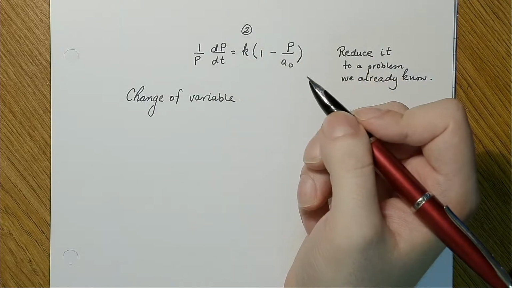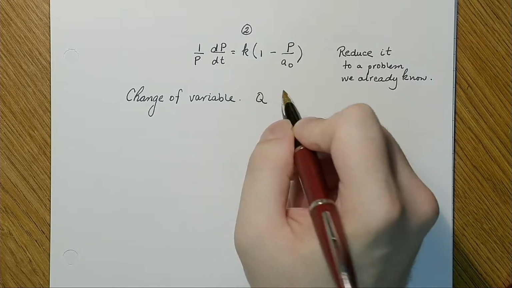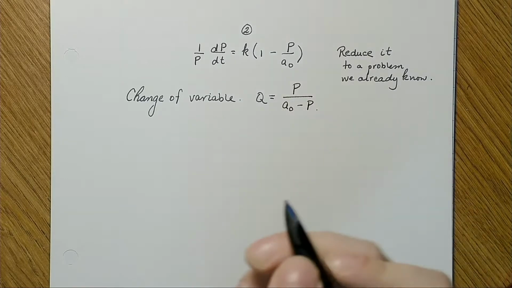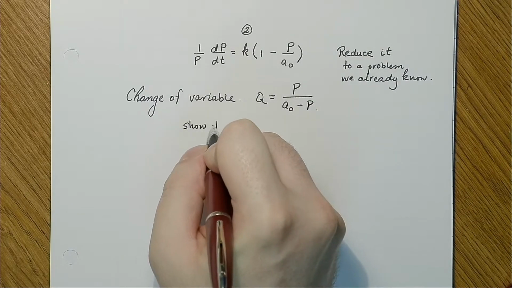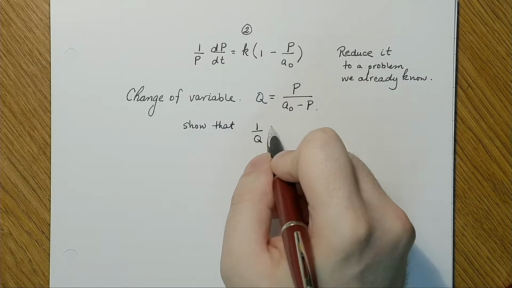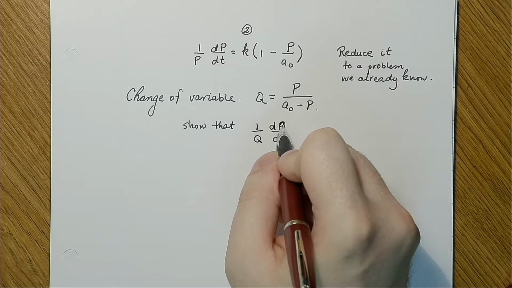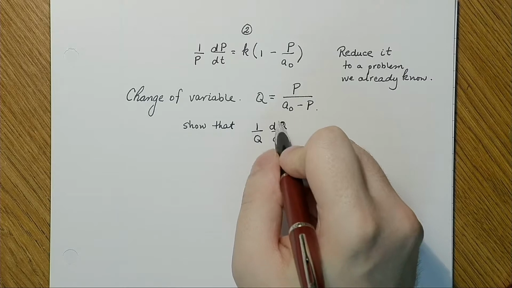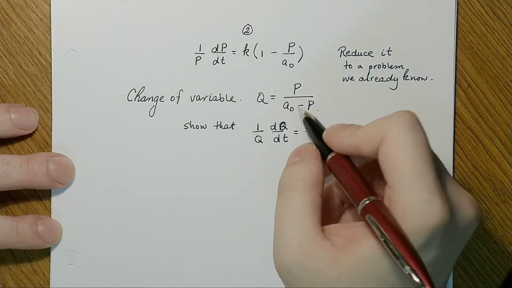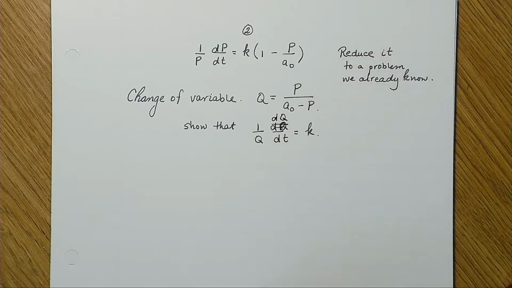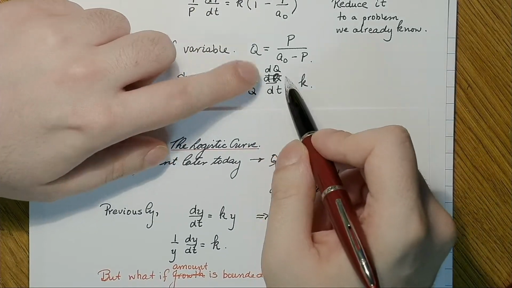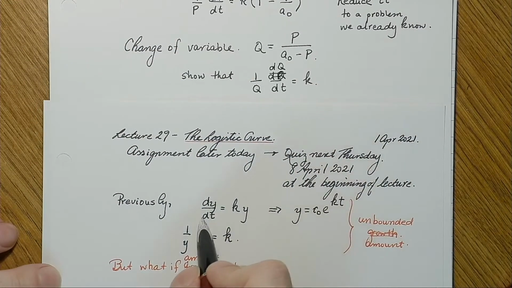Instead of using P, I'm going to rewrite P as a form of what I'm going to call Q. And we're going to show that this, rewritten with this change of variable, is equivalent to 1 over Q times dQ by dt, the derivative of Q with respect to time, is equal to K. The nice thing about that is that the equation has the form 1 over Q dQ by dt is equal to K, which is in the same form as this.